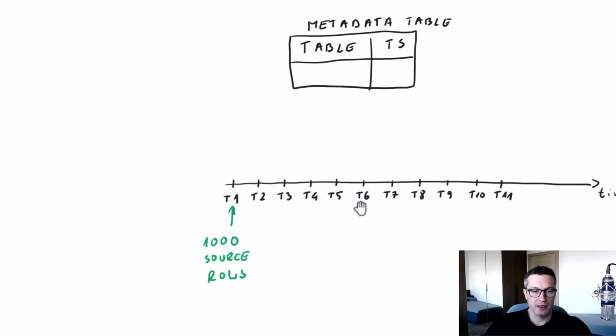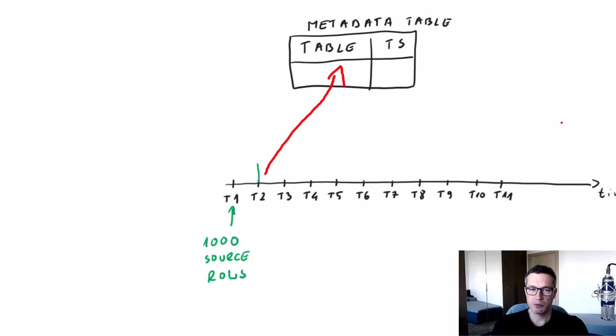Then let's say that at T2 we start our processing. The pattern is as follows. As the processing starts, our SQL query or our process goes to the metadata table and checks if it finds a record there that represents the table that we are processing right now.